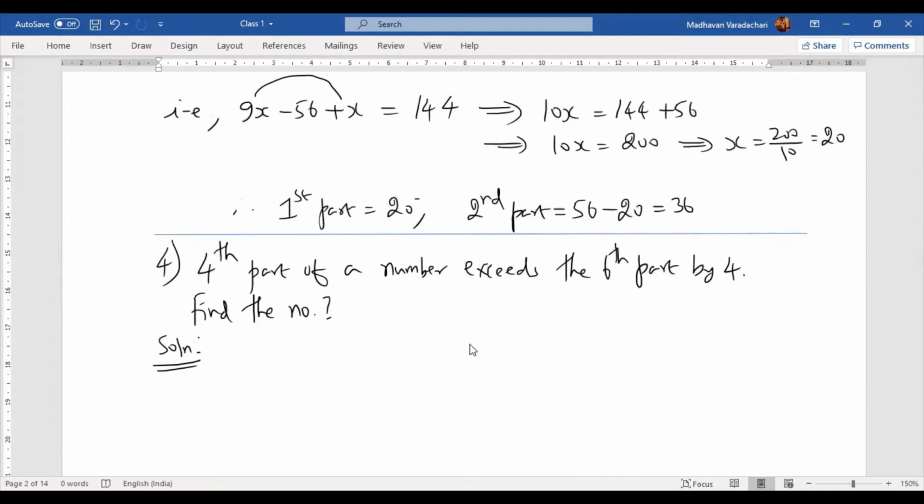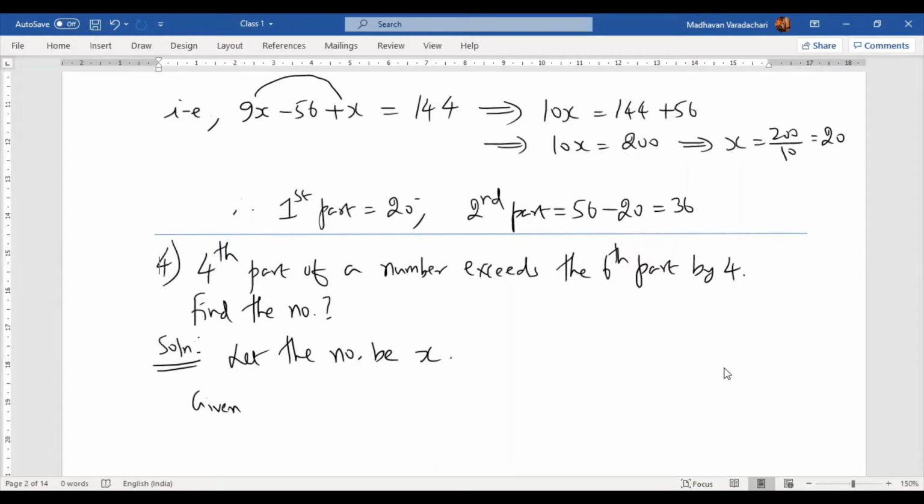Fourth part of a number. We need to find the number. So let the number be x. Now what is given? The fourth part of the number means 1/4 of x.